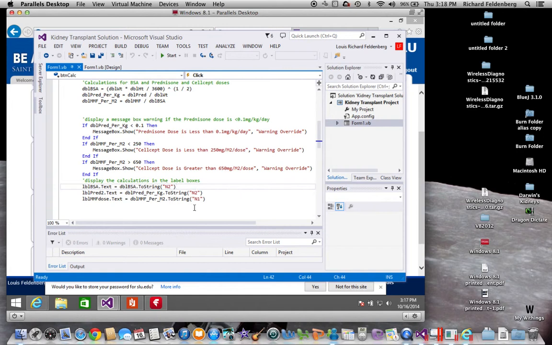But I didn't really need to have 2 decimal places for the CellCept dose, since those doses are a bigger number, basically. That many decimal places is sort of irrelevant. So I only did it to N1 for that.